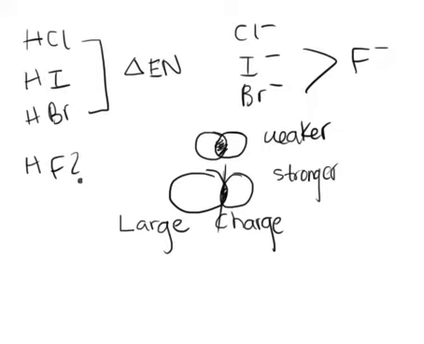So these are more stable than fluorine because it has a lower charge density, right? Because charge is balanced throughout the entire large volume, it's a lot more stable. Whereas something here is so small, so much charge, it's not as stable. And because the conjugate base is so unstable, it's going to be a weaker acid.